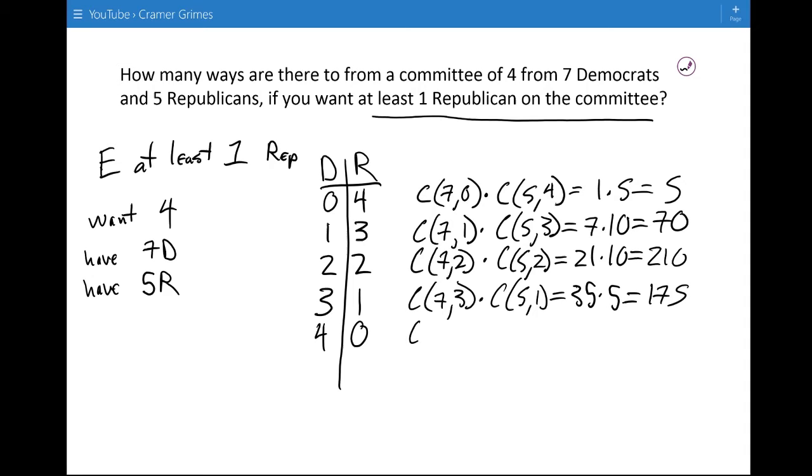Last row, combination of the 7 Democrats, choose 4, times combination of the 5 Republicans, choose 0. 7 choose 4 is 35. 5 choose 0 is 1. 35 times 1, 35.